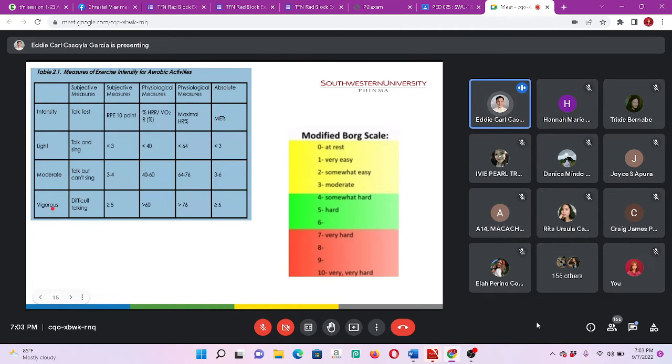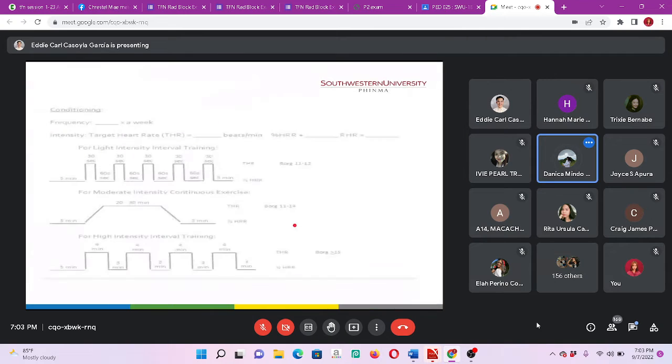It's vigorous or high intensity, and 76, column 5 for maximal heart rate percentage. For your case, light and moderate: 64 and below for light intensity, and for moderate, 64 to 76%. Okay, sir, thank you so much.